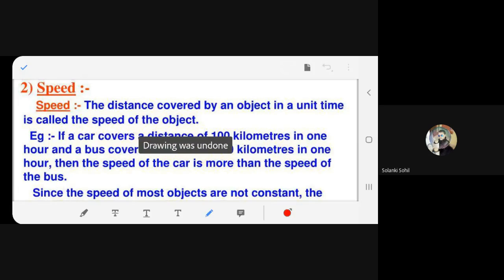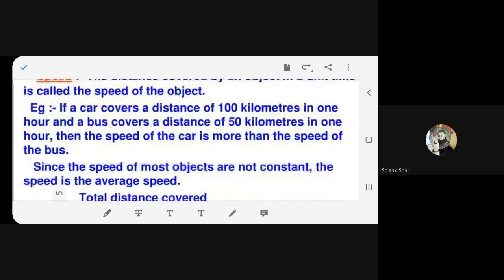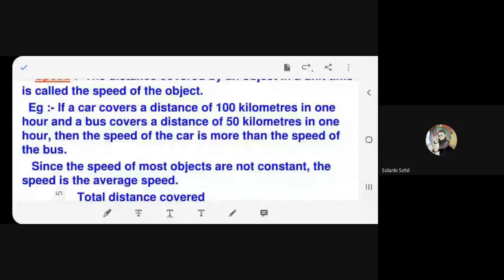Speed is distance upon time. Okay, this is speed. Now a car goes for 100 kilometers in 1 hour, and a bus goes 50 kilometers in 1 hour.